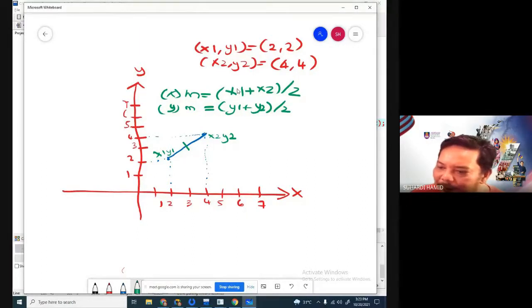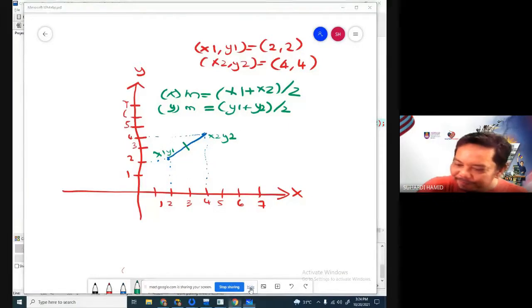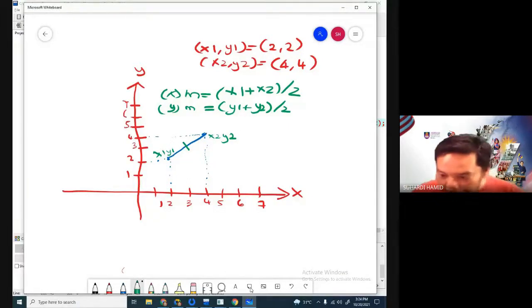And what is the midpoint in this case? That's x1 is 2, plus 4, divided by 2. Let's change the color again. x1 is 2. This is 4.